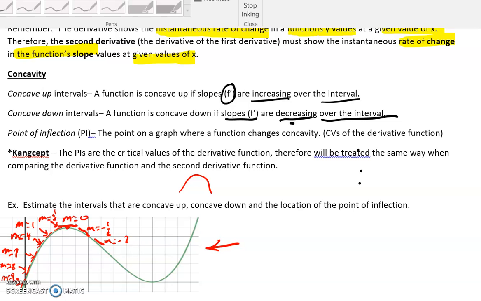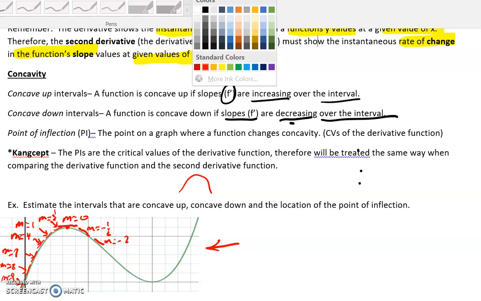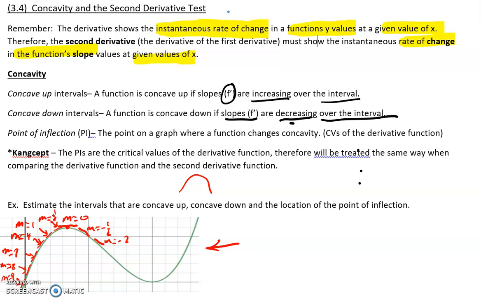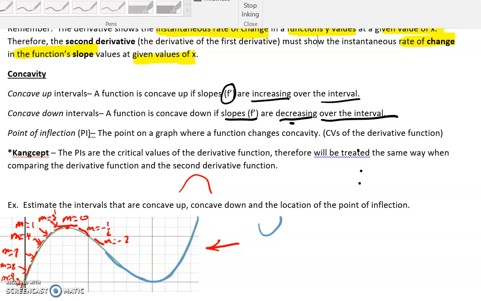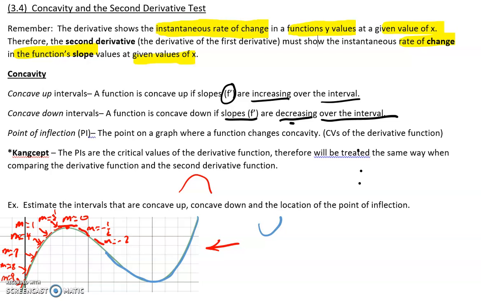Whereas in the next region, in this region right here, this is definitely concave up, opening upward, right? According to my definition, a concave up region occurs when the slopes are increasing. So that means that if I drew my tangent lines in here, my tangent line here would be a slope that's negative, but maybe it's like negative 3/2.